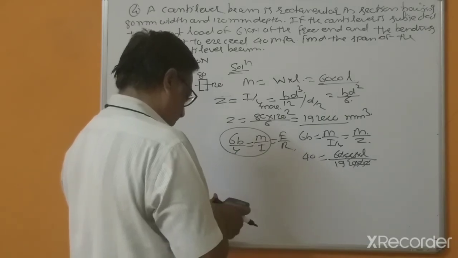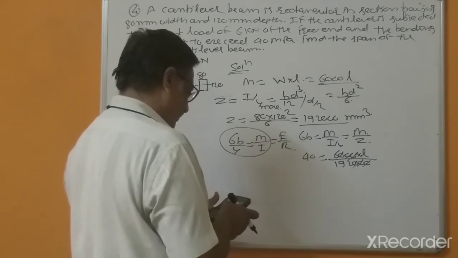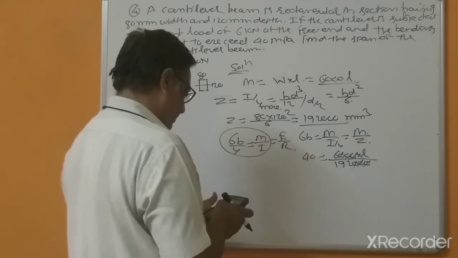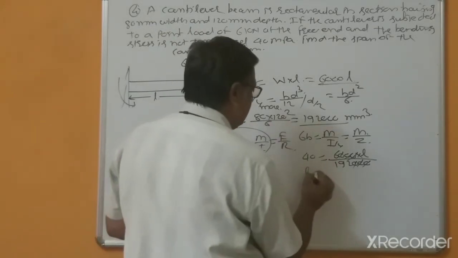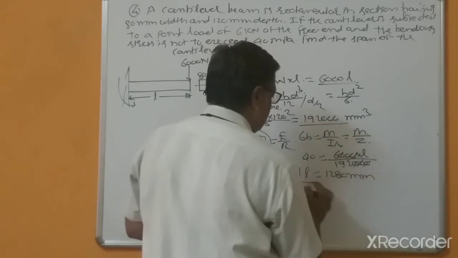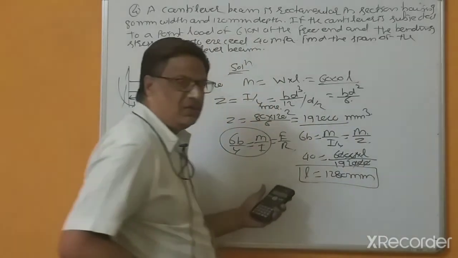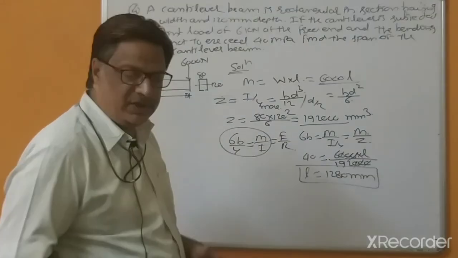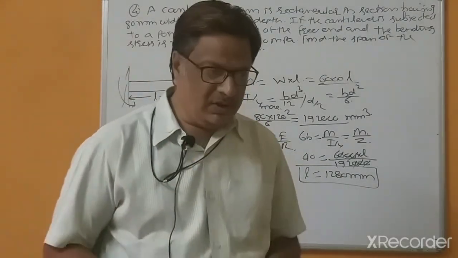Length equal to 1280 mm. So length of the span equal to 1280 mm or 1.28 meters.